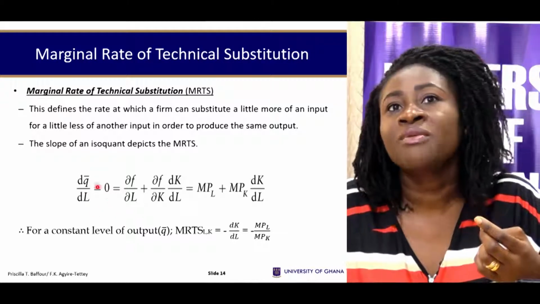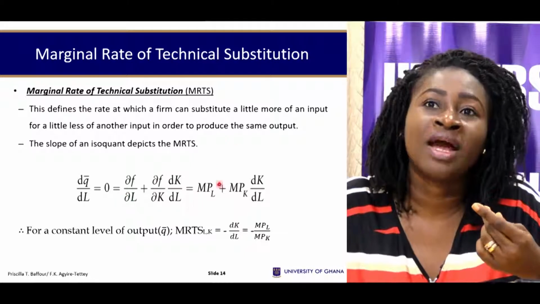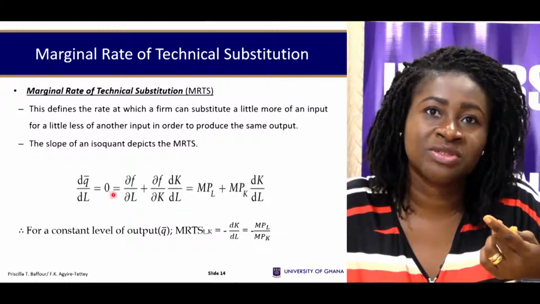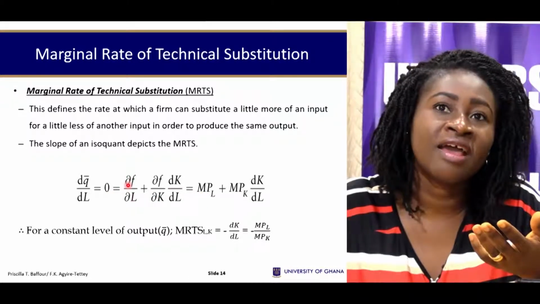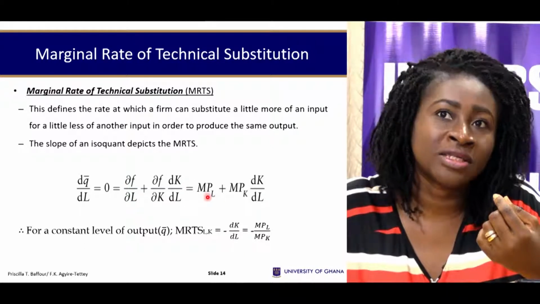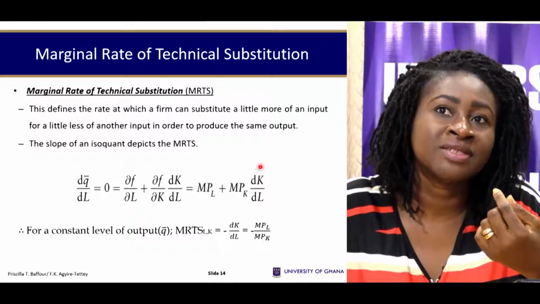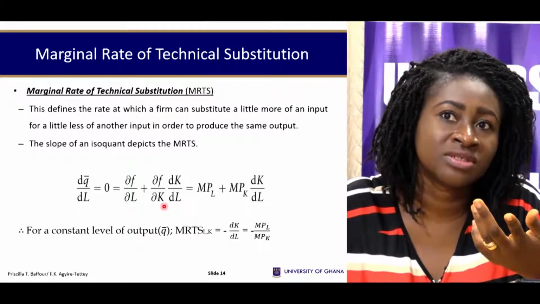So here we have our production function, and we want to look at how to find the slope of the isoquant. So we'll take the total derivative of the production function. So d with respect to labor, right? And we get the marginal product of labor plus what? The marginal product of capital times dK/dL, right? So we have totally differentiated the production function, right?